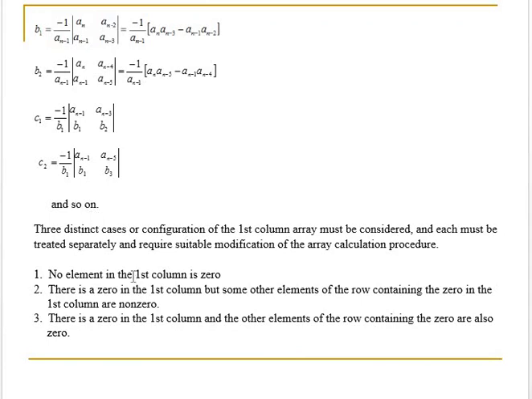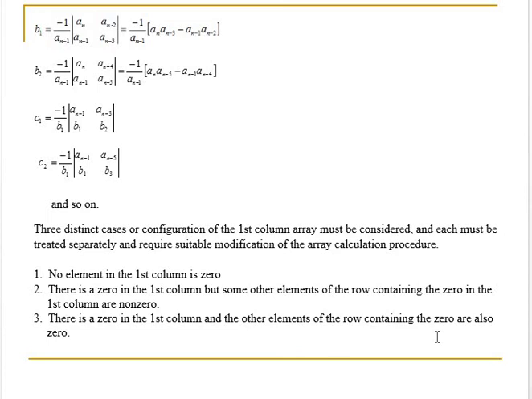Three distinct cases or configurations of the first column of the array must be considered, and they must be treated separately, requiring suitable modification of the array calculation procedure. First, no element in the first column is 0.